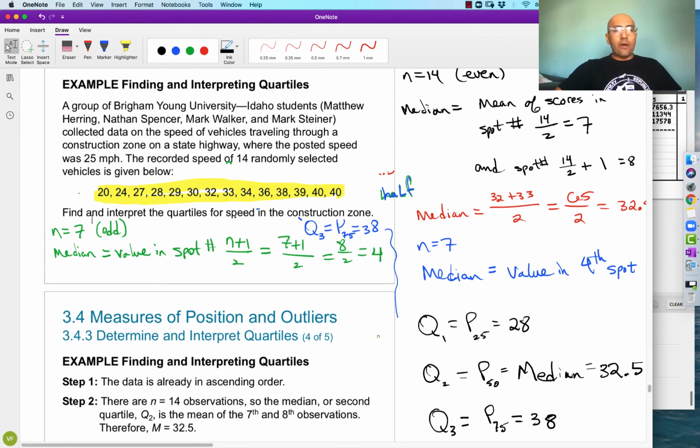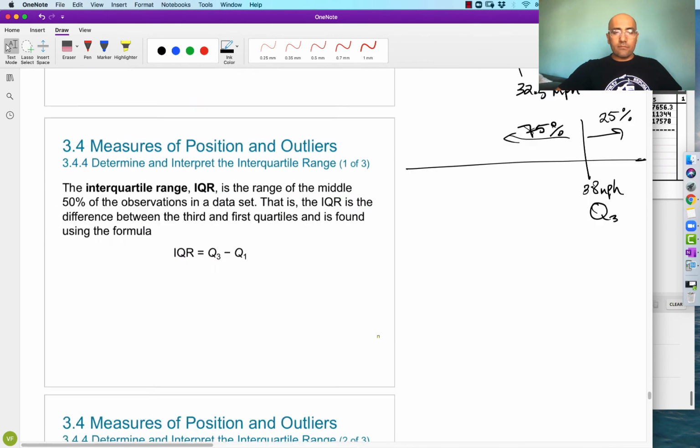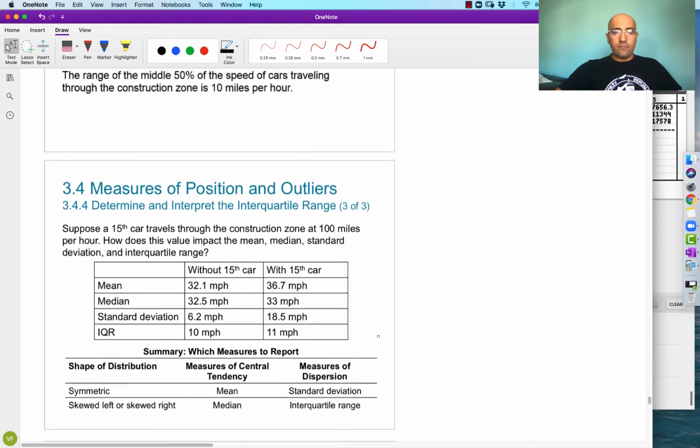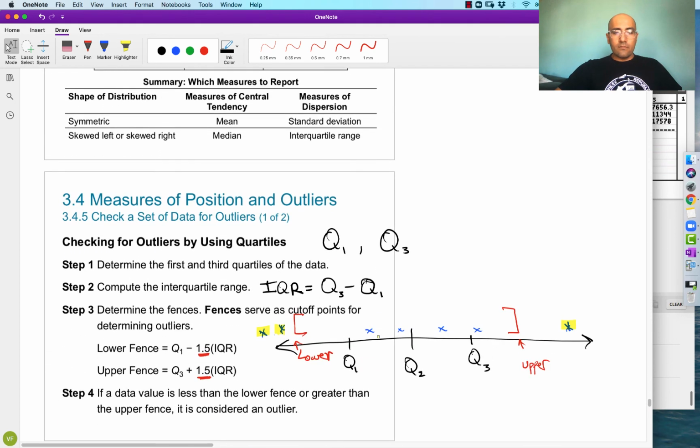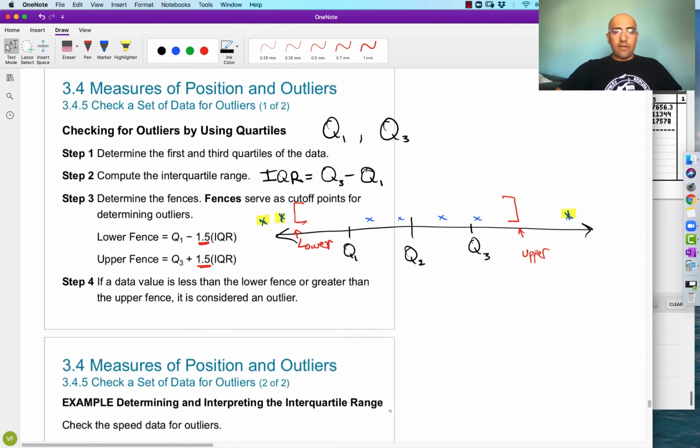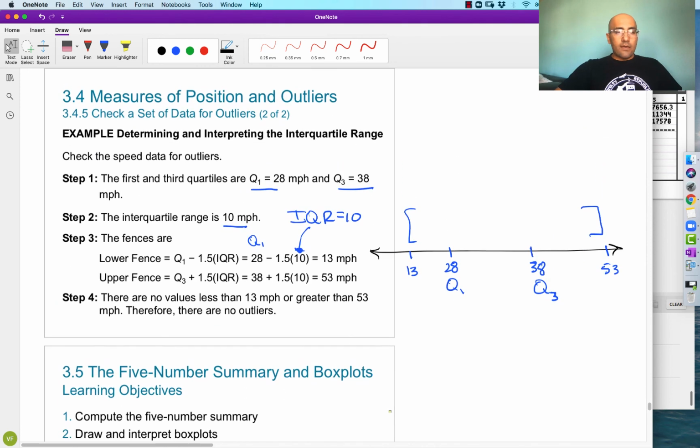So there are no outliers. If a data value is less than the lower fence or greater than the upper fence, it's considered an outlier. There are no values less than 13 or greater than 53 in our scores. Therefore, there are no outliers.